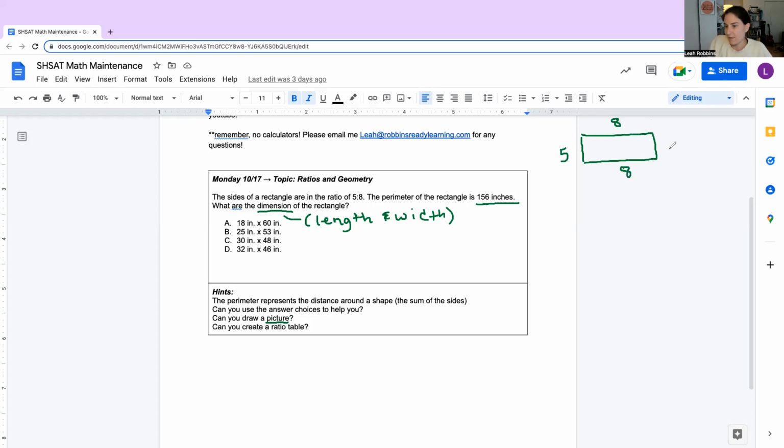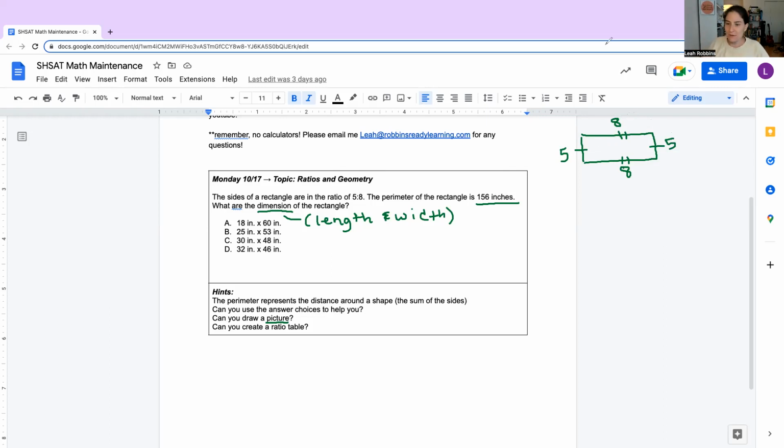And I'm just going to fill in the rest of my rectangle. I know that opposite sides are equal here because I know 5:8 would end up being still in the ratio. You can think about it like 10:16 would be in the ratio. 15:24 would be in the ratio. But it could also be some sort of decimal that we don't know yet.